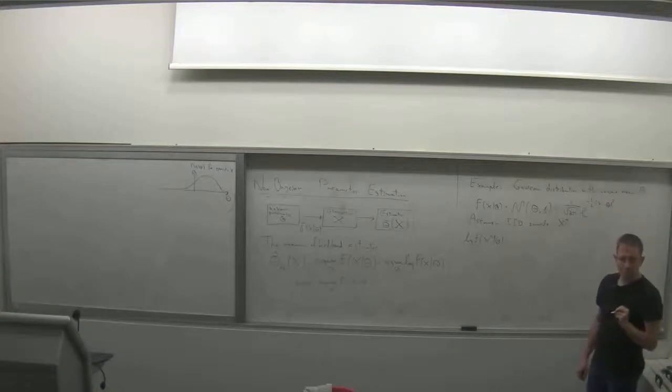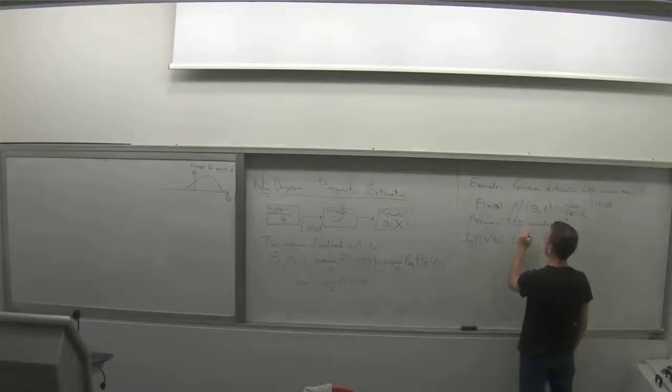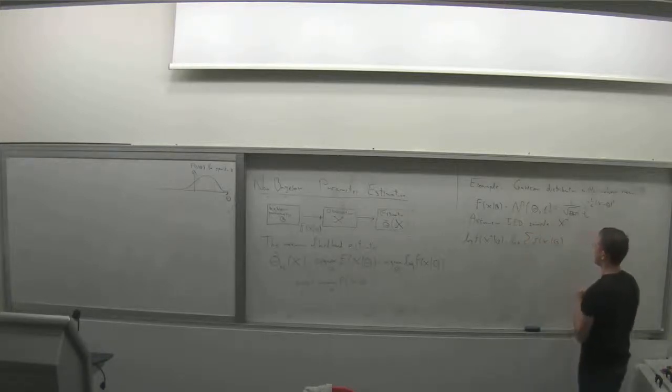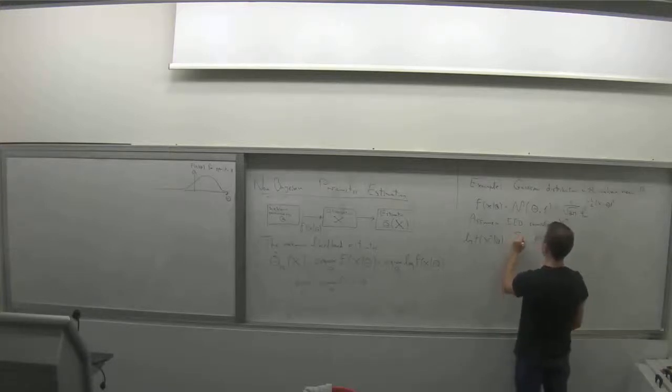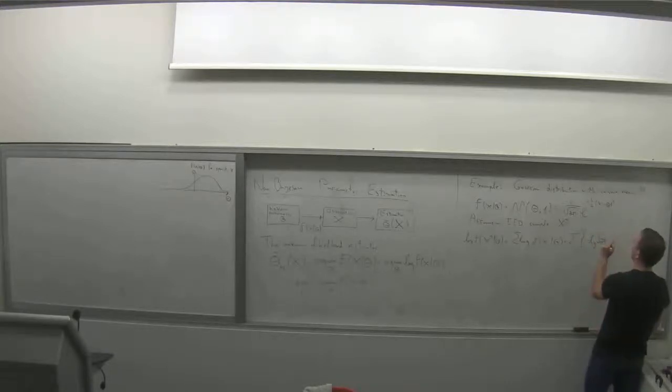So the log of f of x^n given theta is the sum over i of the log of f of xi given theta, which is the sum over i of minus log square root of 2 pi minus half xi minus theta squared.